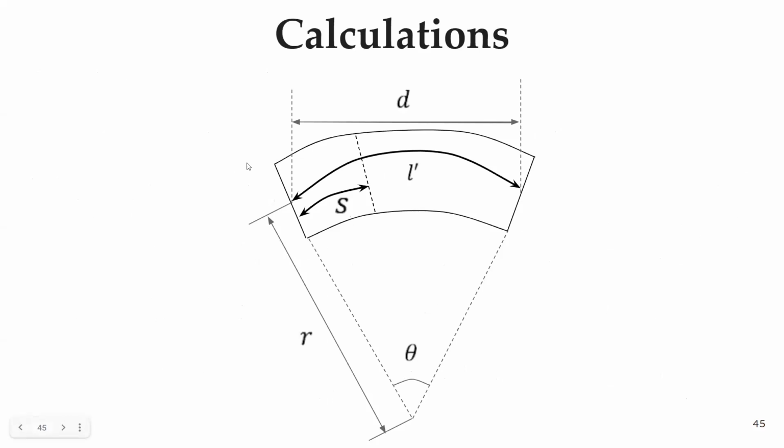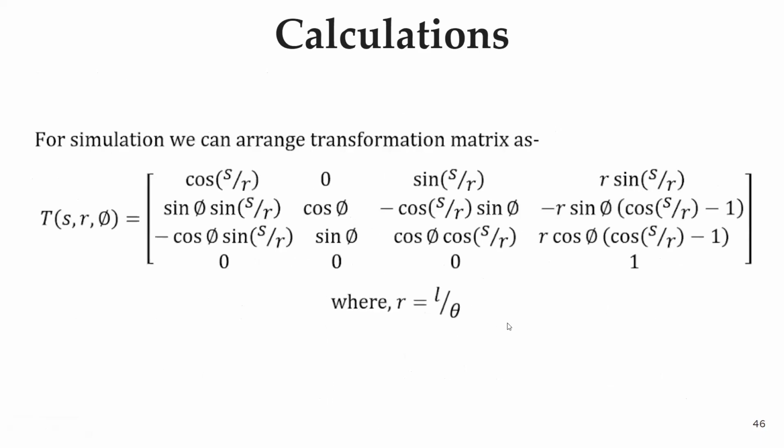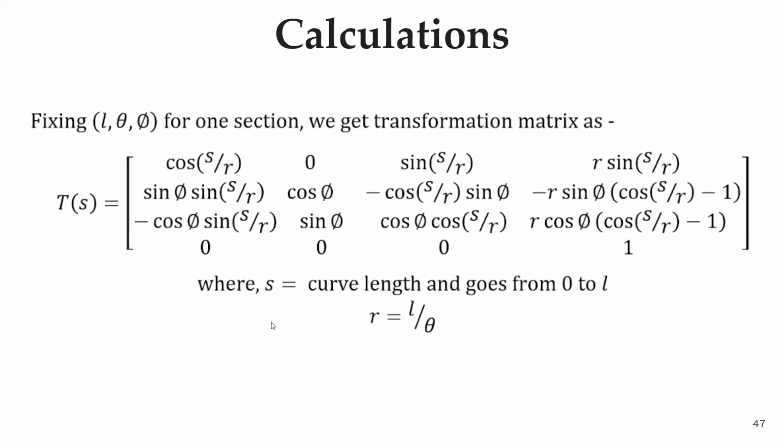Now for simulation, what we can do is define the curve length S, and we can write the transformation matrix in terms of S, R, and phi, where R equal to L by theta. And if we fix L, theta, and phi for one section, we get the transformation matrix in terms of S, the curve length.